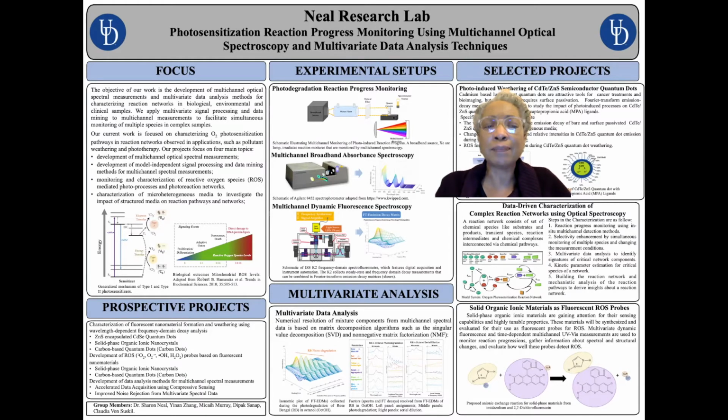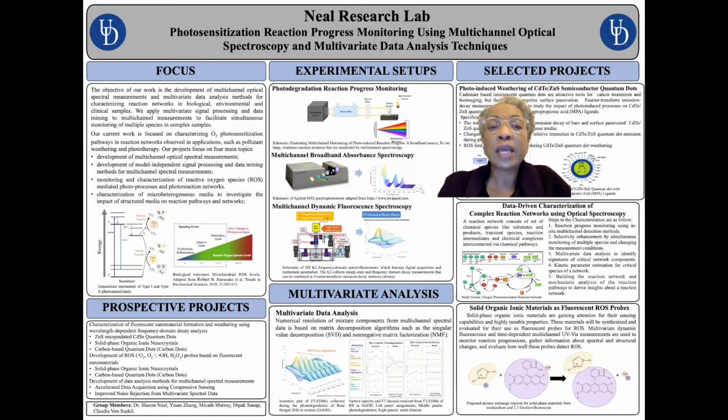When perfected, the tools we develop will be applicable to reaction networks featuring many analyte types, but our current efforts target reaction networks featuring reactive oxygen species, or ROS, produced during oxygen photosensitization reactions as depicted in the simplified energy diagram on the left.